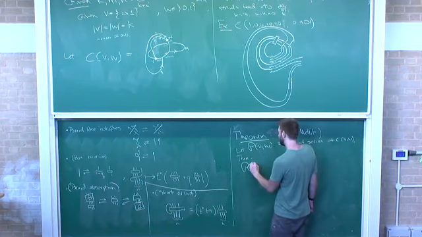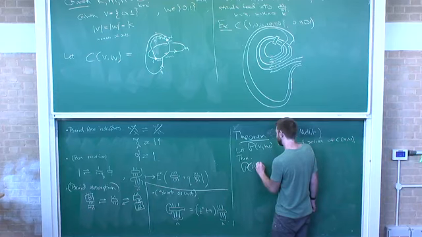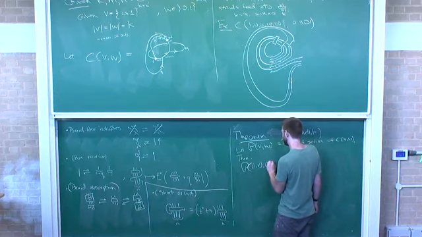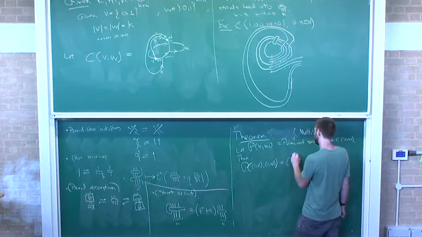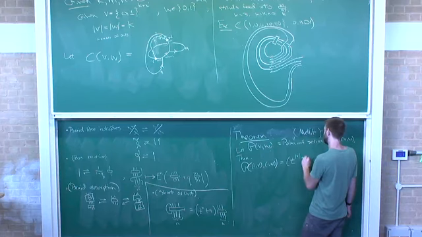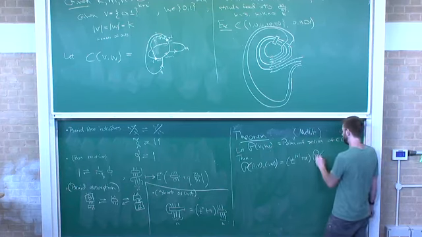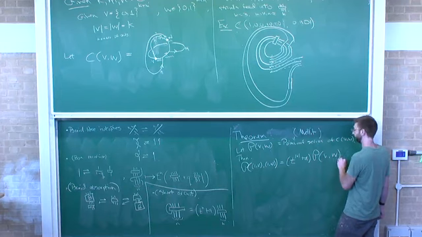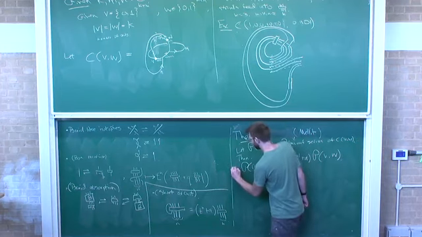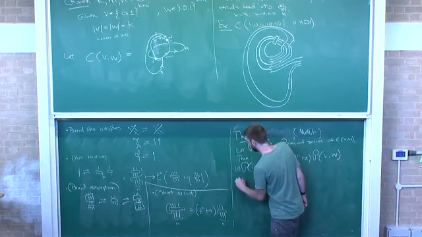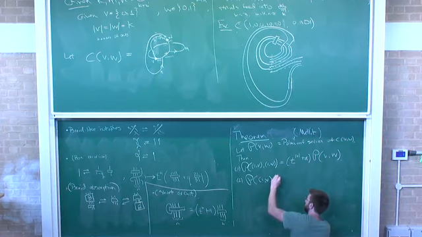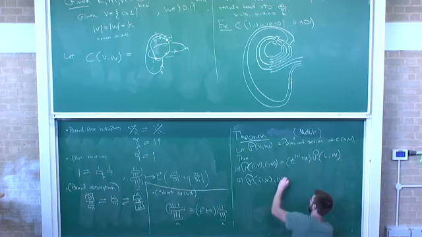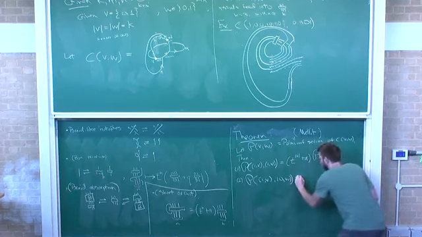So if both V and W begin with a 1, then you deal with it in this way. If V starts with a 1, but W starts with a 0, you deal with it in this way.